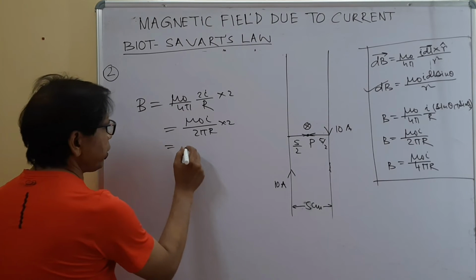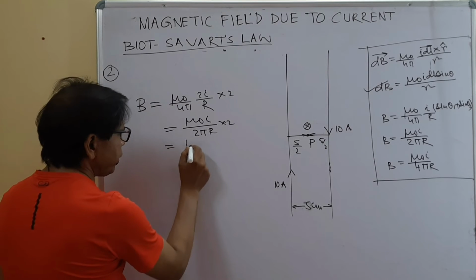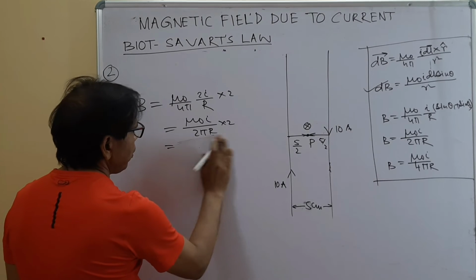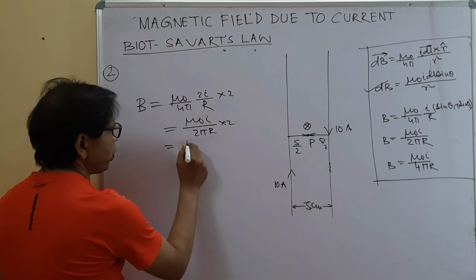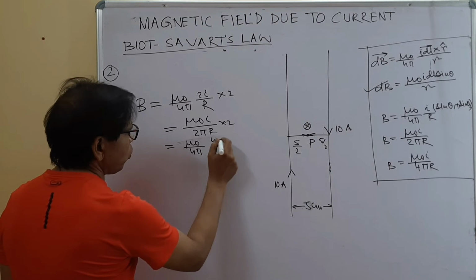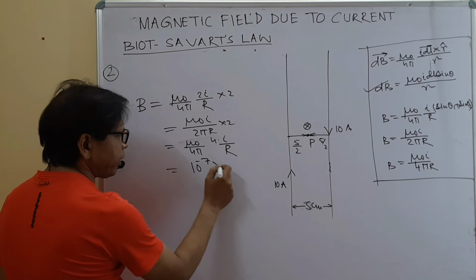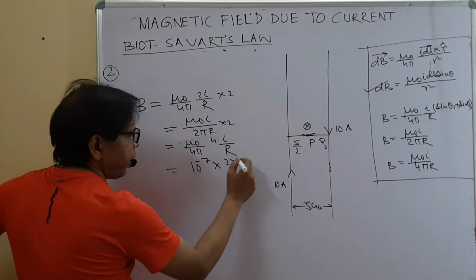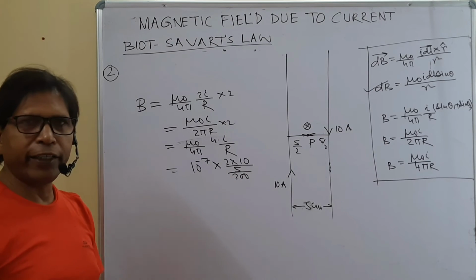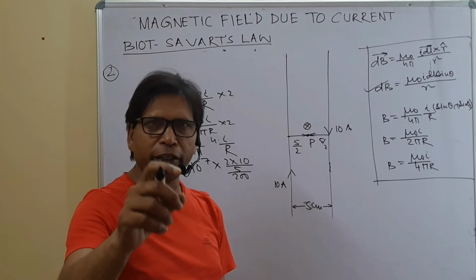Here mu naught by 4 pi is 10 to the power minus 7, and this is 4 into I by R. So this is 10 to the power minus 7, this is 2 into 10, and R is 5 by 200 because the distance is 5/2 centimeter. So this distance is 5/200 meter.